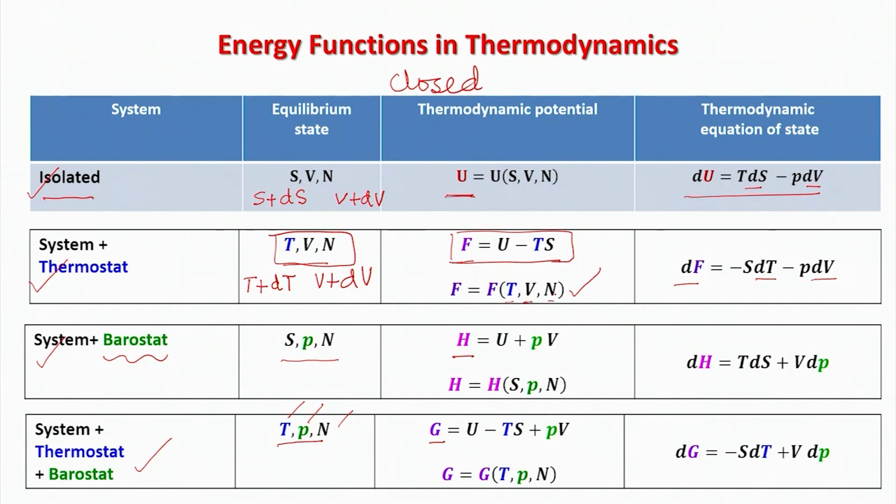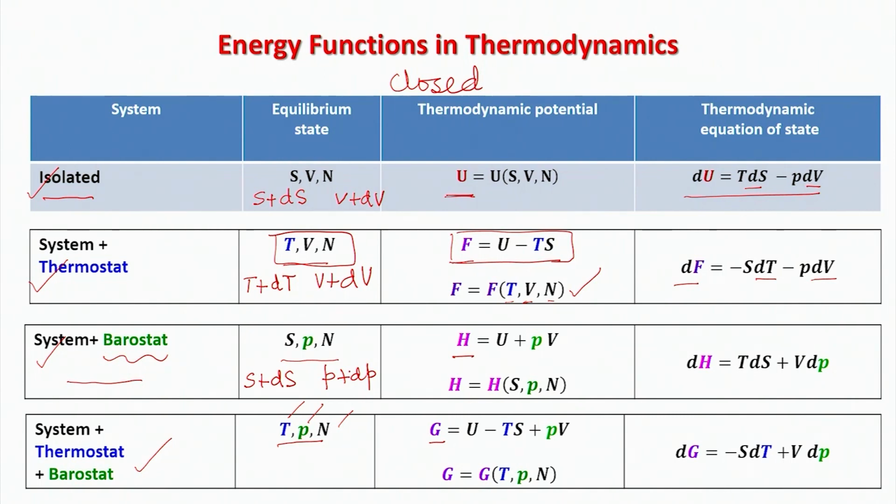So now if we think of the system in thermal equilibrium with a barostat, and in mechanical equilibrium with a barostat, I find that the new equilibrium state can be defined in terms of S plus dS and P plus dP when it undergoes a change in state.